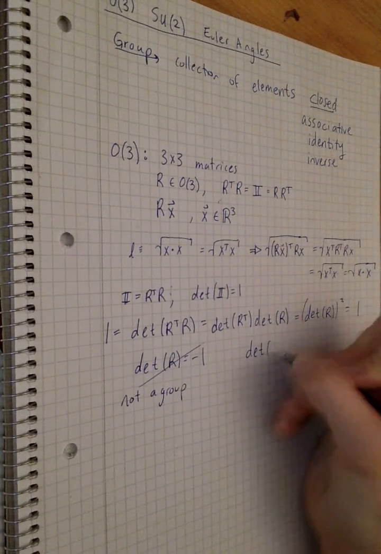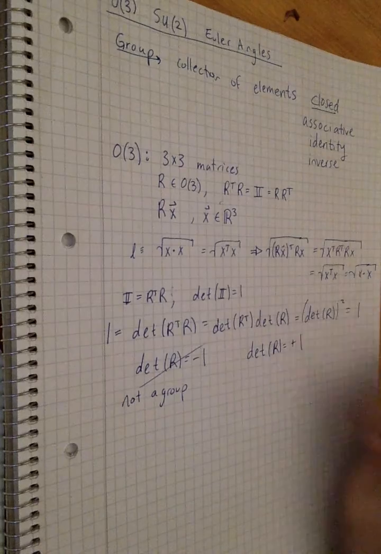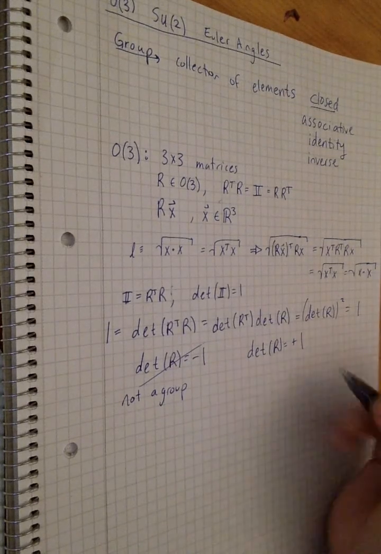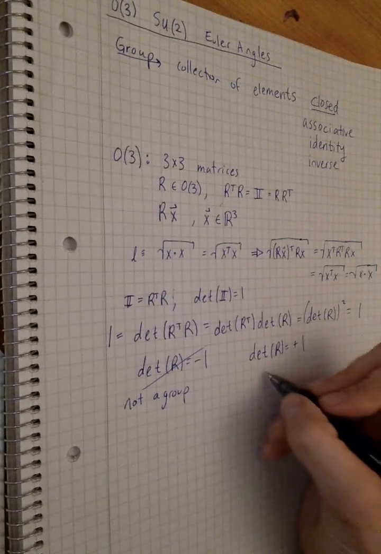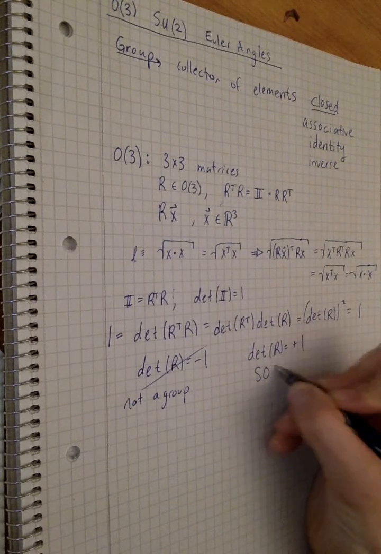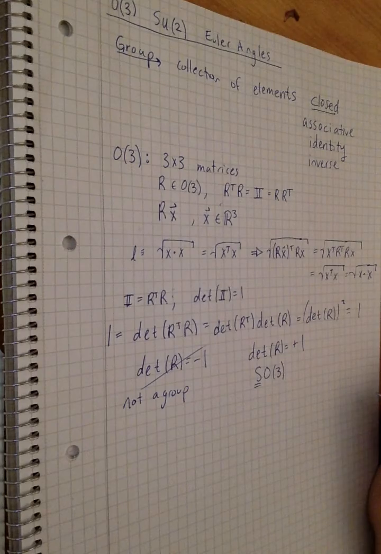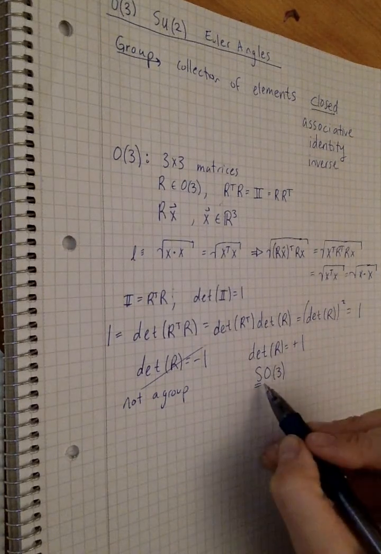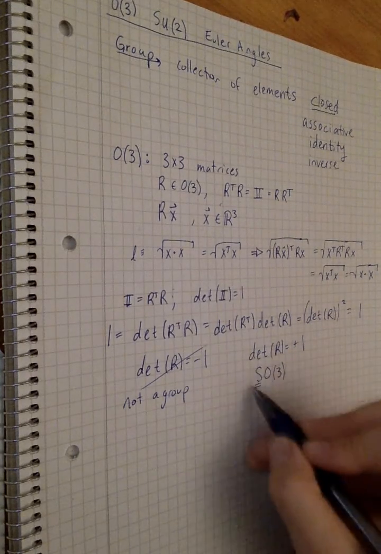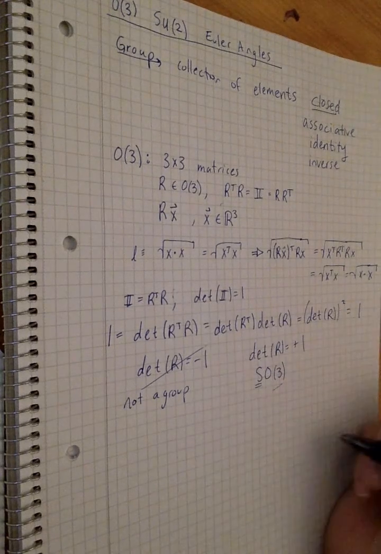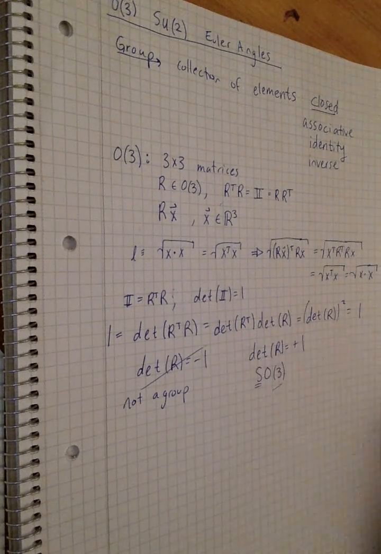However, the collection where the determinant of R is equal to plus 1 is a group. It's special to us, so special that we call it the group SO3, where this S is special. All of the elements in SO3 have determinant equal to plus 1, and the identity is in this group.